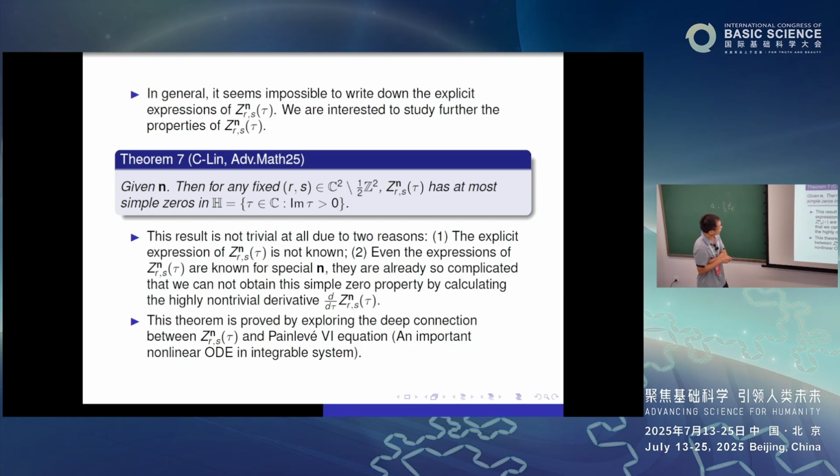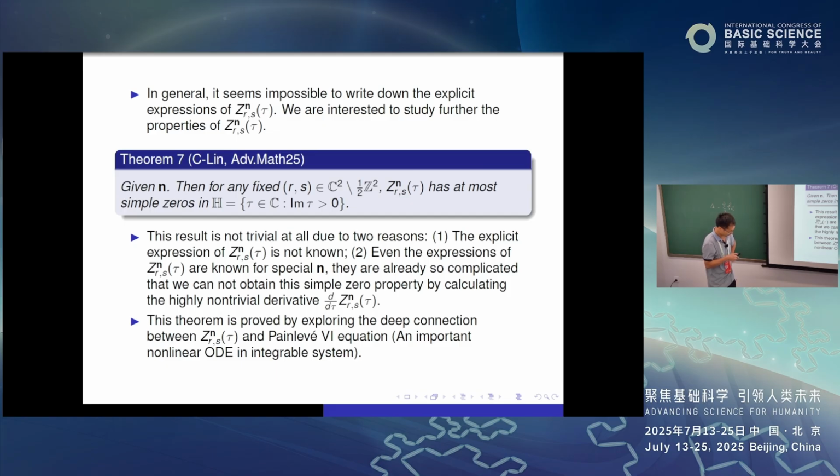Joint with Professor Lin, first we can prove that this pre-modular function of tau always has at most simple zeros. Any zero is simple. This result is not trivial due to at least two reasons. One is that the expression is not known for general n.